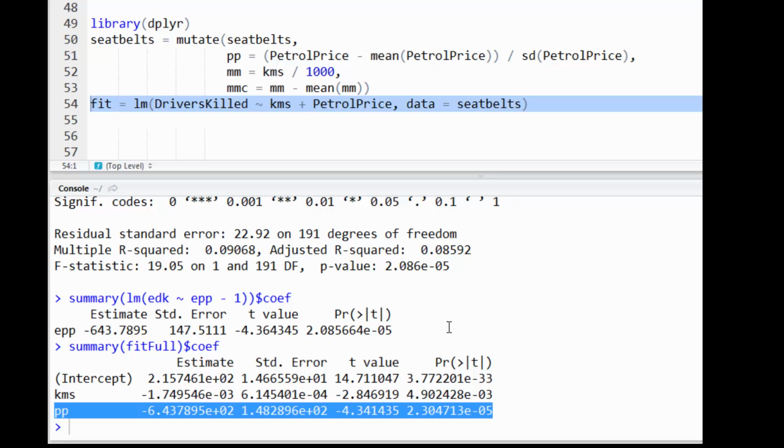The reason for this, and this helps us explain what adjustment is doing, one way that we can think about the estimate is that the way regression accomplishes adjustment is to remove the linear association of the nuisance variable, in this case kilometers, to remove its impact on everything, the outcome and all the other regressors.